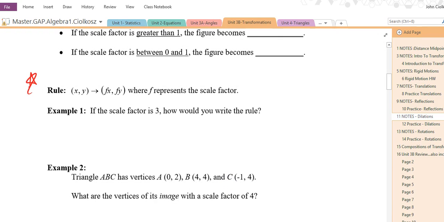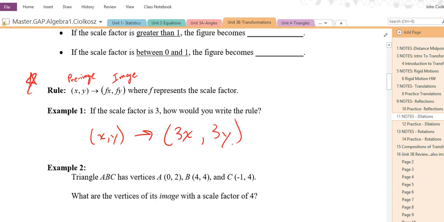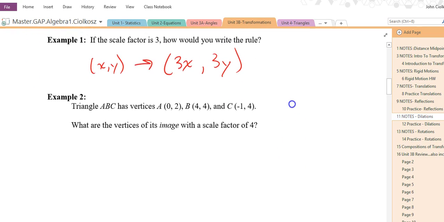So what we start with is known as the pre-image. What we end with is the image. So think about taking a picture. So if it was 3, the rule would be x comma y goes to 3x comma 3y. So we're just plugging in that scale factor for F.